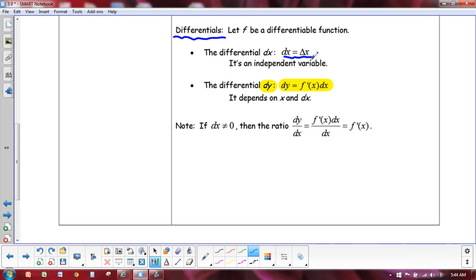Well, now what you're really doing to get this dy equals f prime times dx, what most kids find easiest is to just think about the fact that if I multiply dx on both sides, then I can come up with that definition that dy is equal to f prime of x dx. That's how most kids think about it, and I asked you an essential question for you to put it in your own words, so that's one way of putting it in your own words.